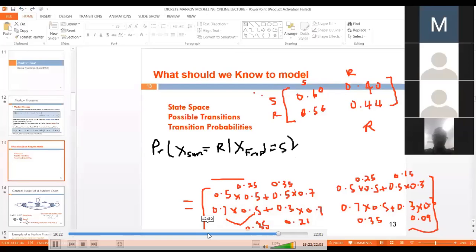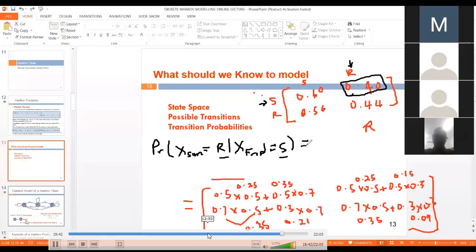So that should be this here, meaning we are moving from S to R. So this is S initially, and then this is R in the 2 time steps. So the probability we are looking for is this probability here.